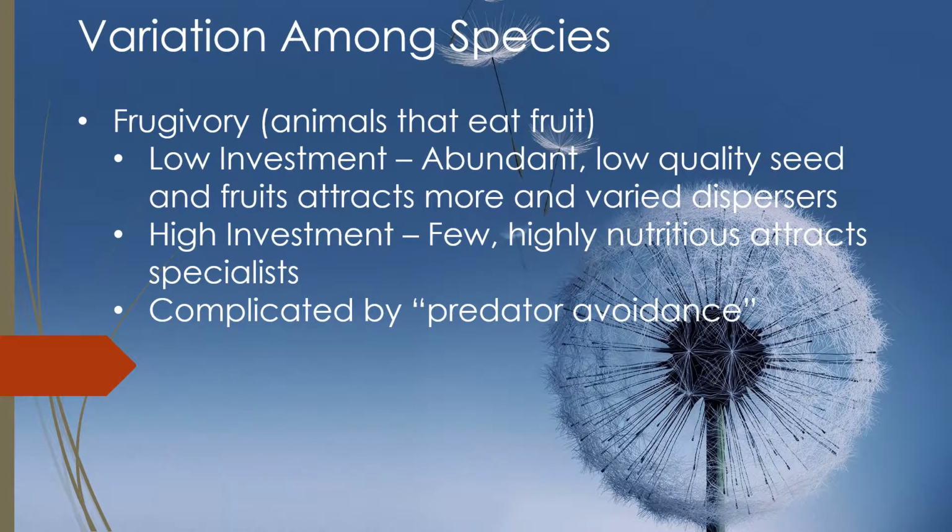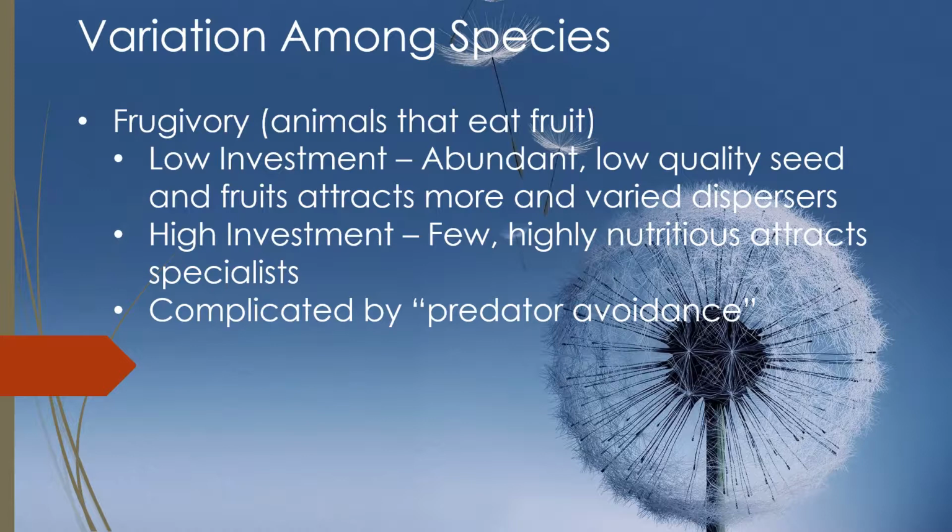There's variation among species, and we see this in frugivory, where you have species that produce lots of low quality seed that attract different and more dispersers and take it to a wider variety of habitats. Or you have the high investment species, which produce only a few, and these specialists take them to those specific habitats.